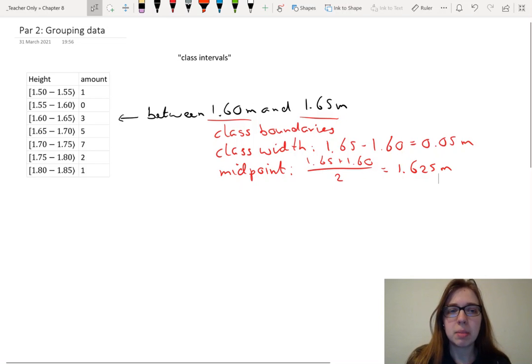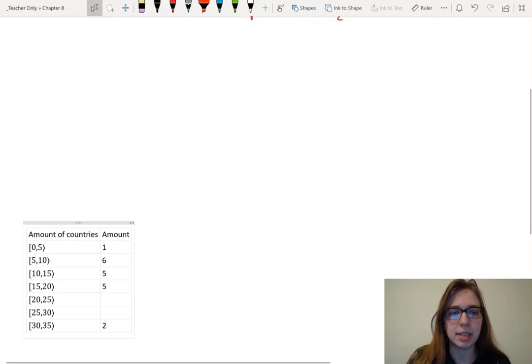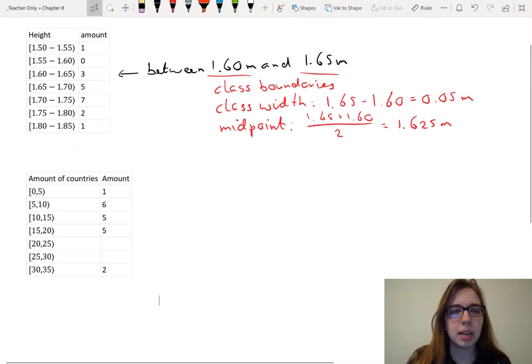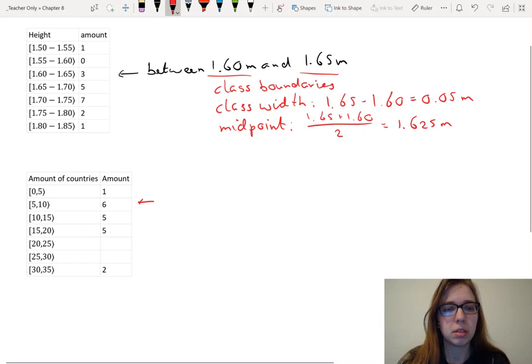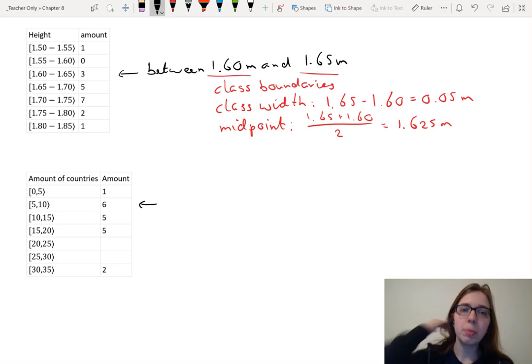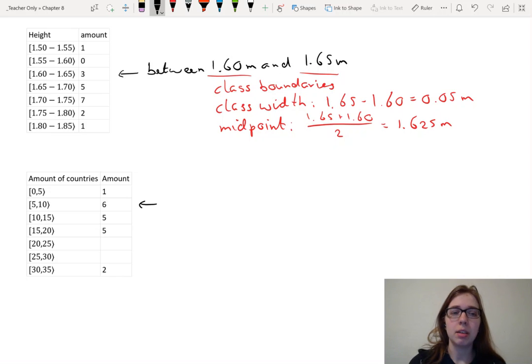Now, in some cases, something interesting happens, and I have a different example for that. That's this one. So let's drag that up. Because here, I might have an interval from 5 to 10, and we might say that's anything between 5 and 10. But this time we're talking about amount of countries. I can't really have 9.5 countries.